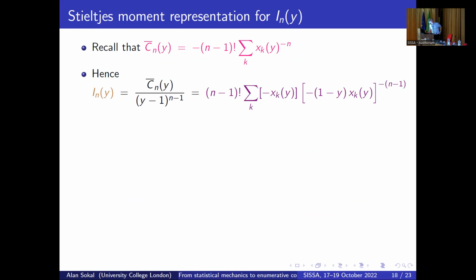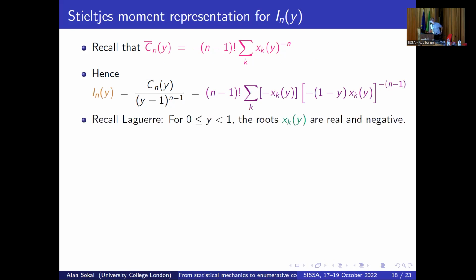And then you put in what is I_n(y), and that tells you that I_n(y) has a moment representation like that. Now remember Laguerre. Laguerre says that when y is between 0 and 1, the roots x_k(y) are real and negative. So if x_k(y) is real and negative, and y is between 0 and 1, all that stuff in square brackets is positive.